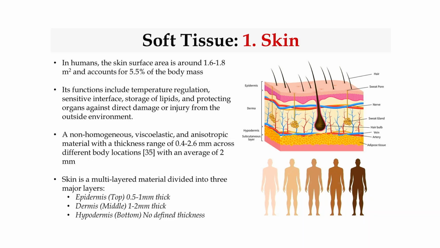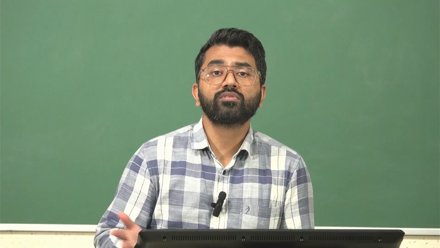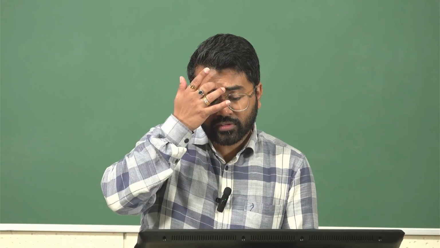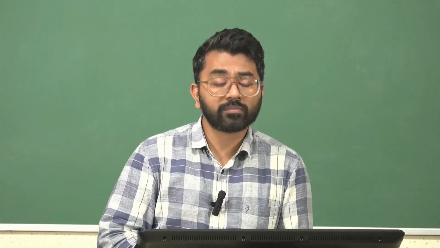It is non-homogeneous, meaning it is not uniform all across when you go from one part of the skin to another. It is viscoelastic. This is a term I'm going to talk about at length in the later classes. This is more of a technical term, but I'll just explain very briefly what this is.